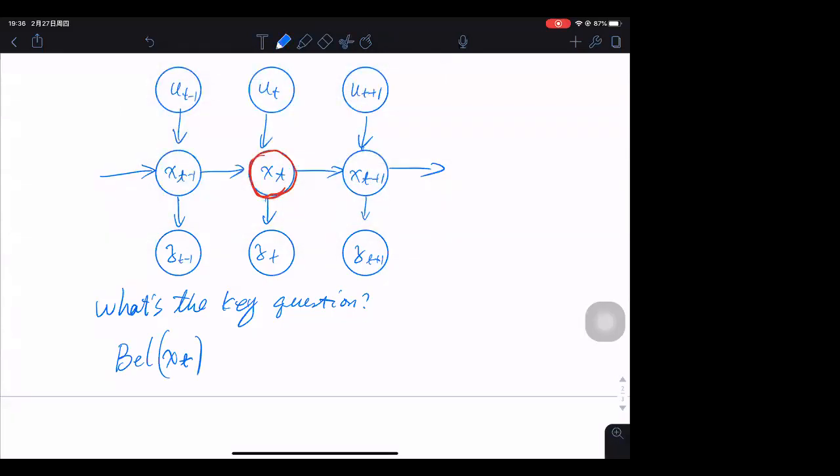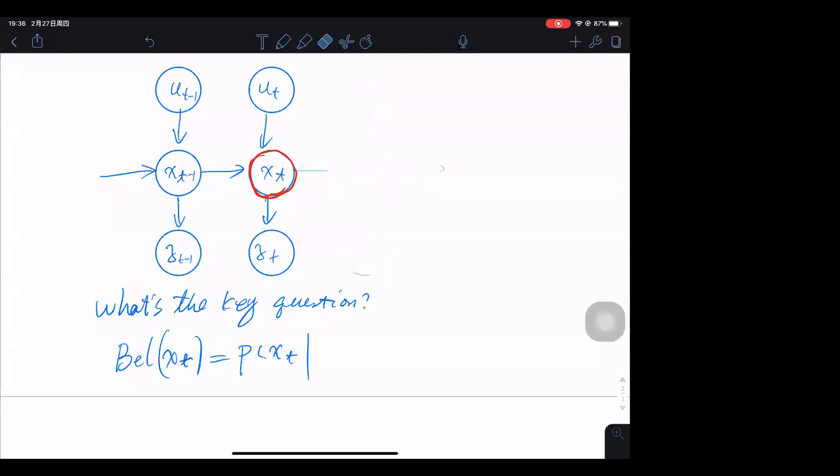What is the belief? The belief we previously mentioned is a posterior on x t given what? Given the rest of the world. For the moment, let's first ignore everything that happens in the future. So the belief for x t is the p of x t given what?